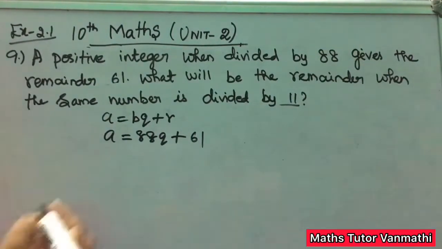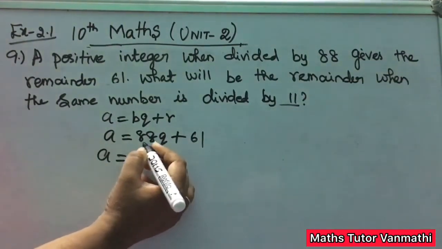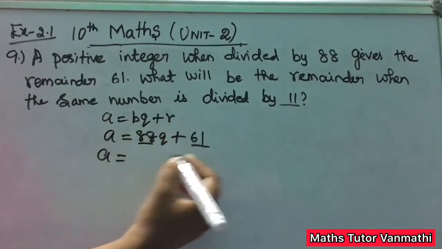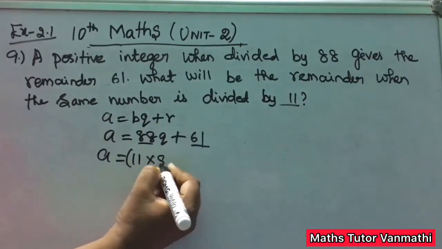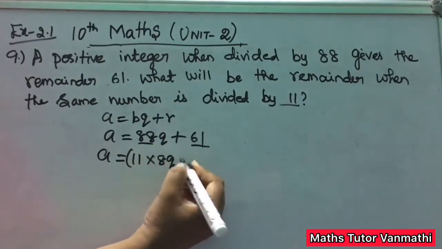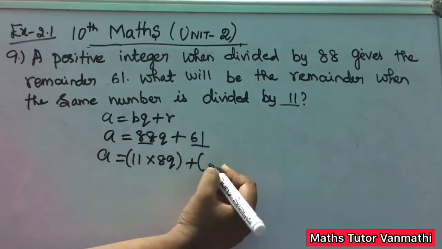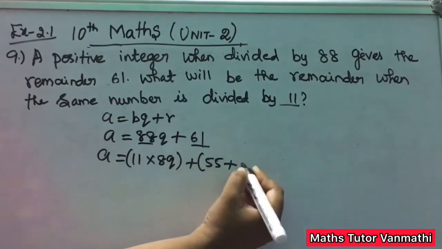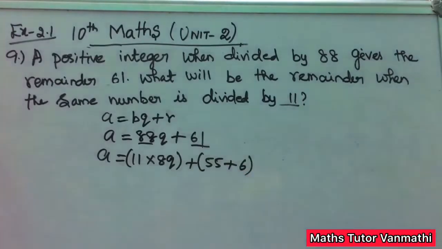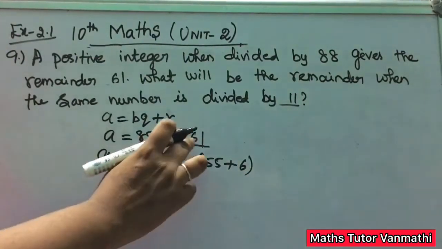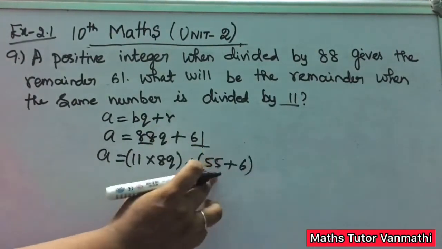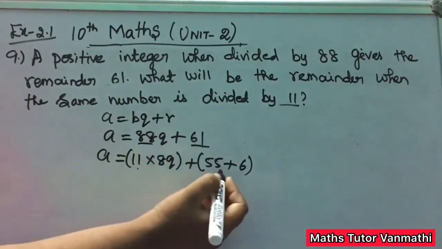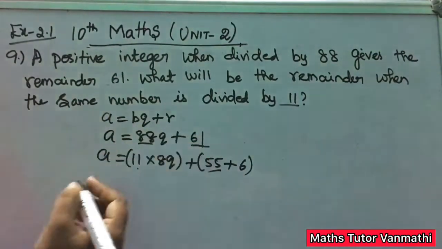And further what we are doing is splitting this 88 as 11 into 8, and 61 as 55 plus 6. In terms of 11 we need, so we are splitting the 61 as 55 plus 6. In the 11 table we will get 55. So we are splitting like that.